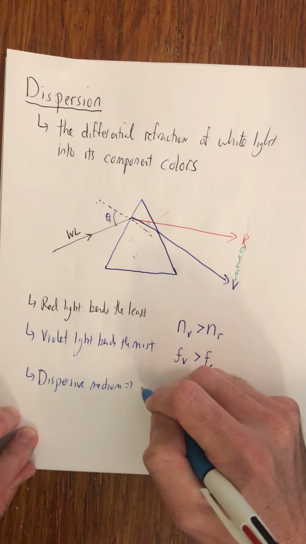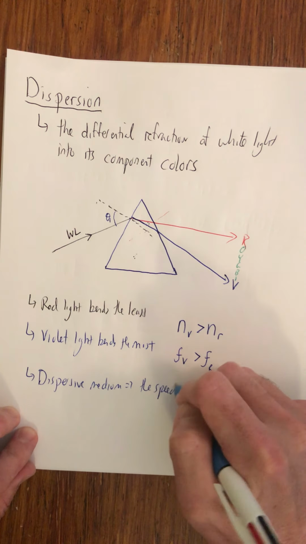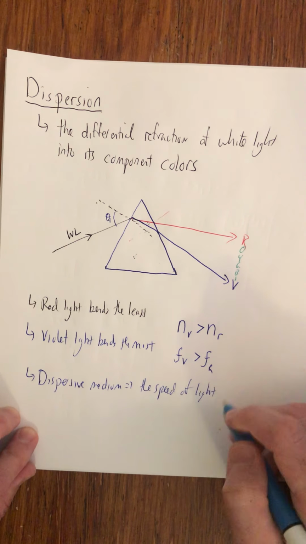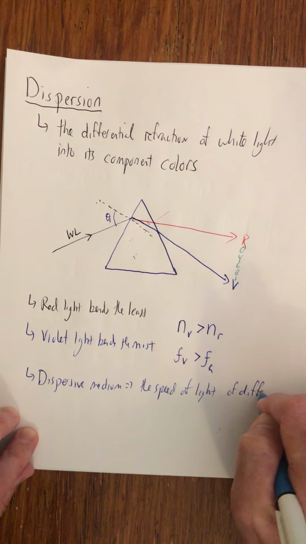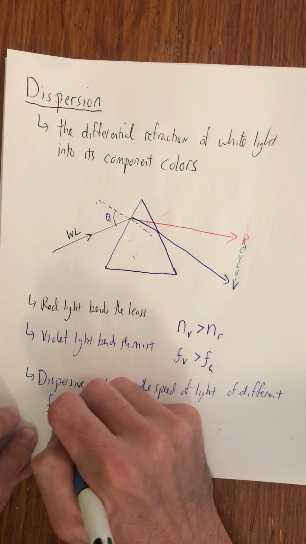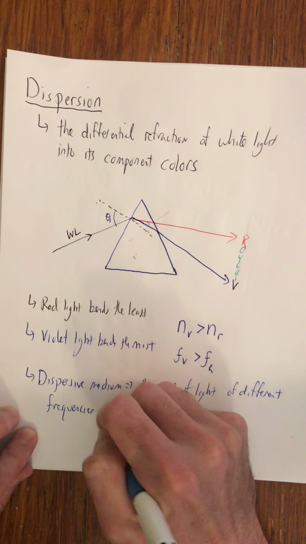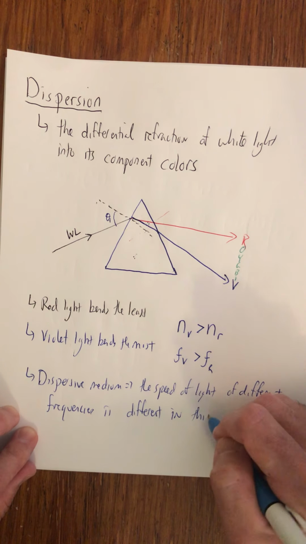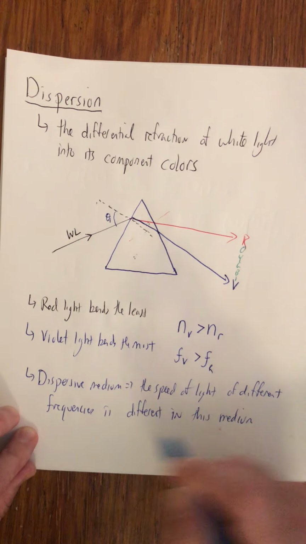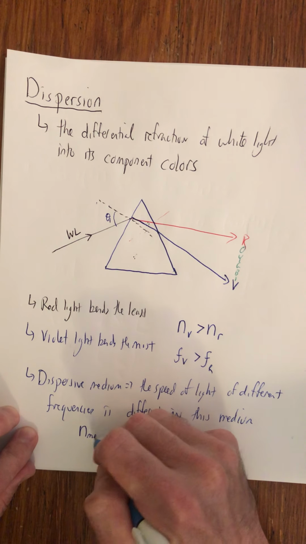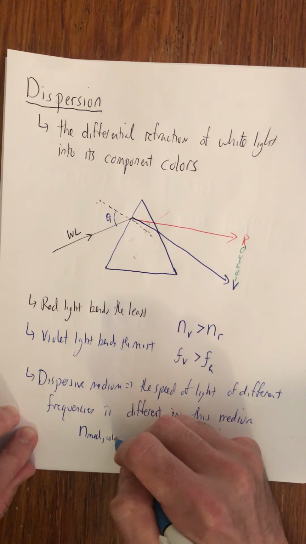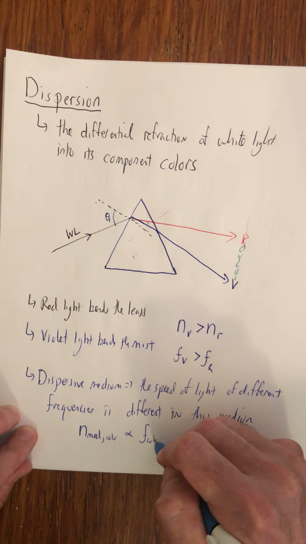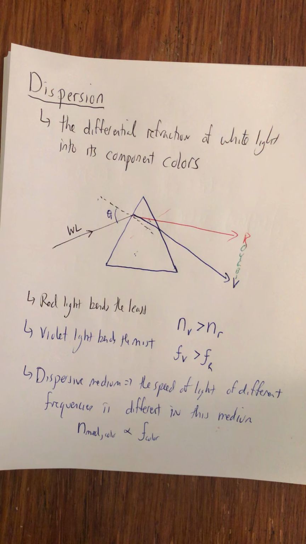And it's one where the speed of light of different frequencies is different in this medium, such that the n of that medium for that color is proportional to the frequency of that color, right? That proportionality, we're not going to get into it, just that higher frequencies have a higher n.